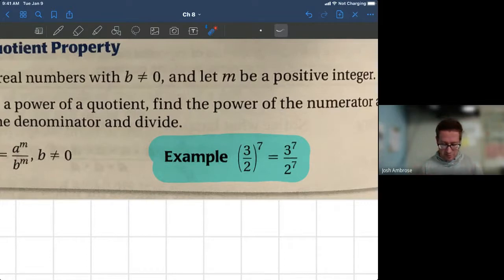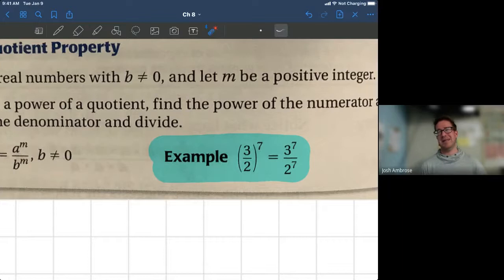When I say both directions work, I mean, what if they gave you this expression here, and you'll notice that the exponent is the same, 7. You could take this expression and go backwards and write one fraction with the one exponent and simplify it from there.